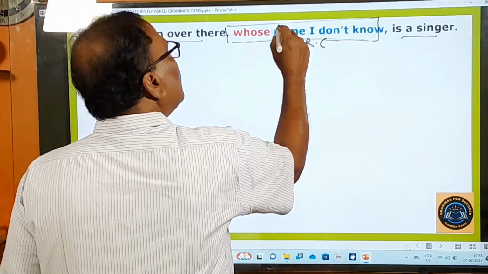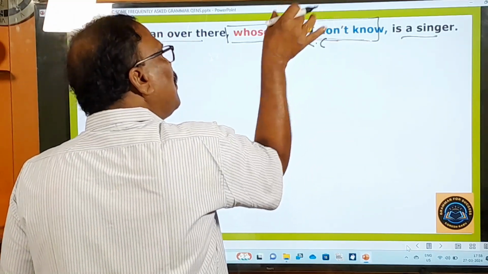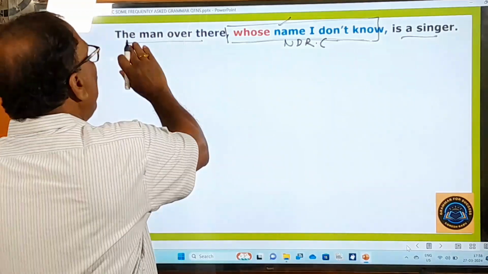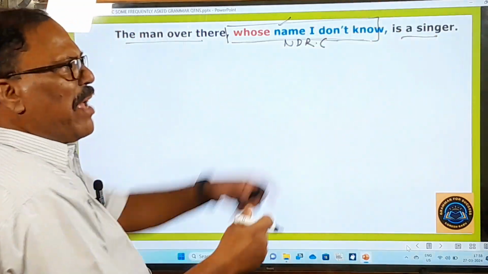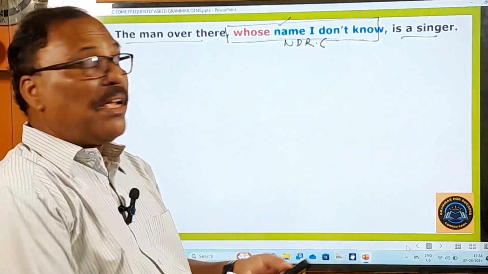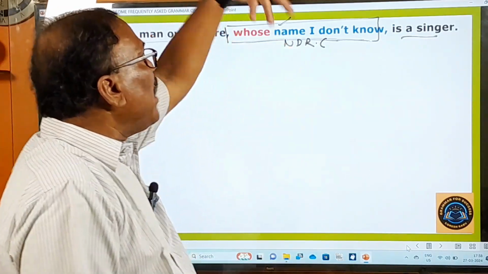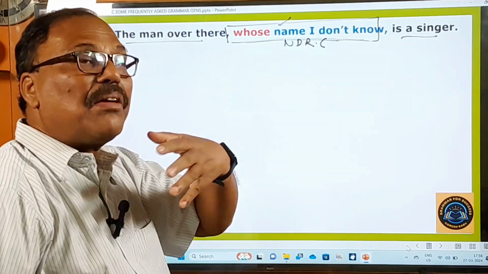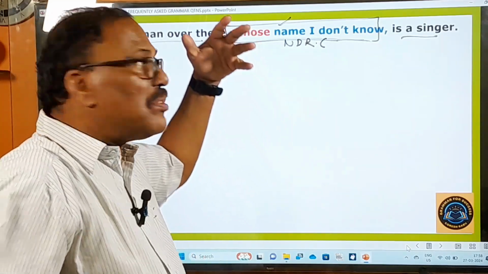You are just inserting this information into the sentence. Otherwise also the sentence can stand on its own. The man over there is a singer. You can say that, but you are giving additional information: whose name I do not know. Who wants that information? But sometimes you happen to say that.